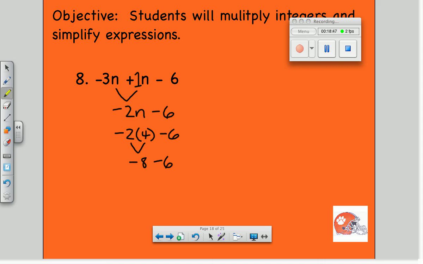Change subtraction to addition. So negative 8. 6 becomes the opposite, negative 6. I'm putting my parentheses to keep it separate. Negative 8 plus negative 6. They're both negatives. I'm putting those together. So negative 8, negative 6 is going to be negative 14.